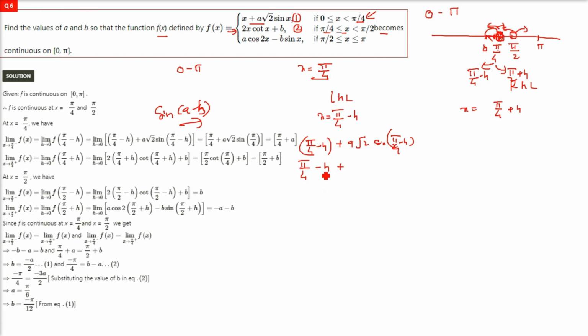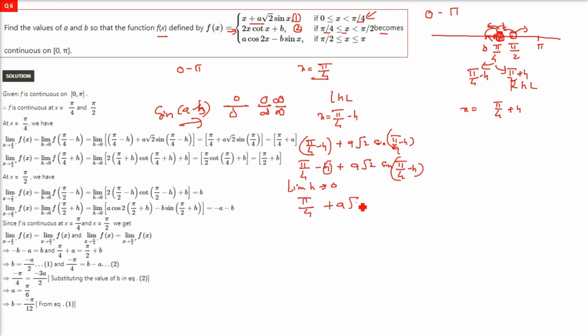But what I am going to do is apply the limit directly. Why? Because in this particular expression, if I apply the limit h tends to 0, I am not getting any undefined form like 0 by 0, 0 by infinity, or infinity by infinity. So everything is defined. If you put h as 0, we get a defined value.